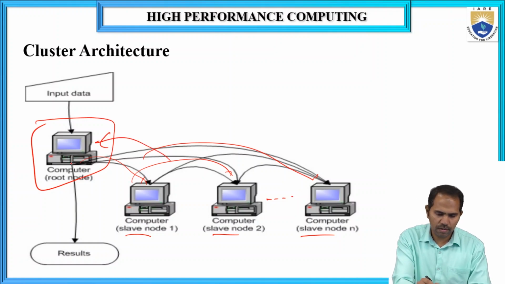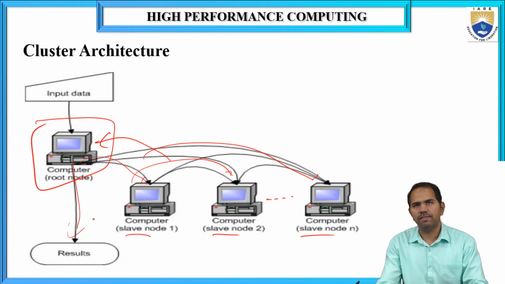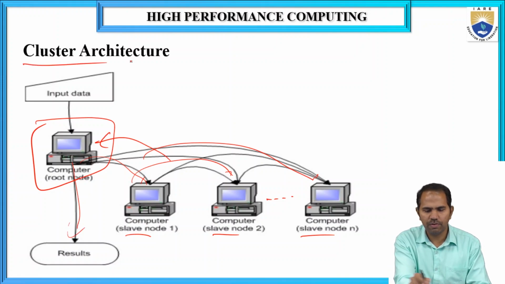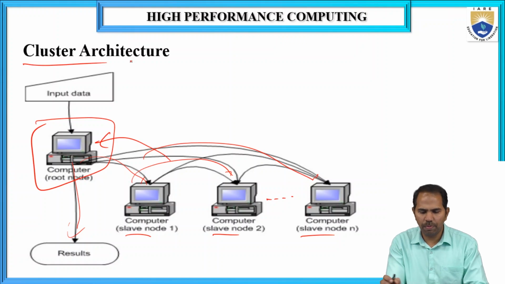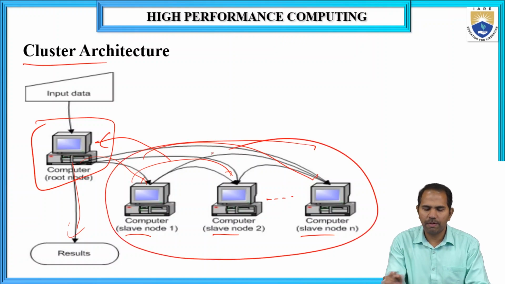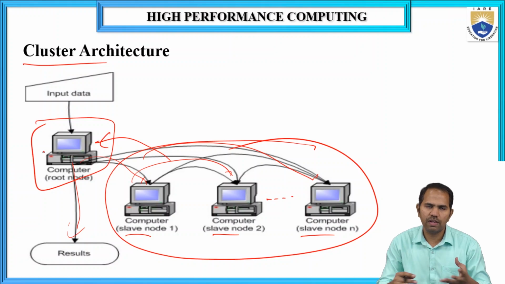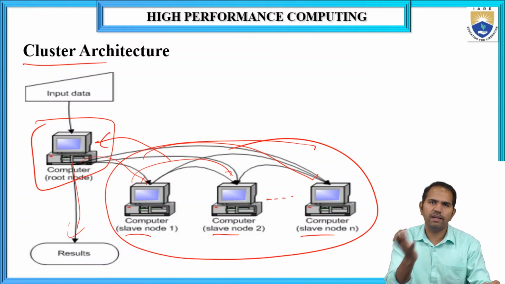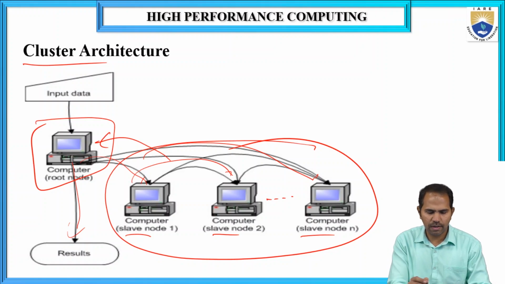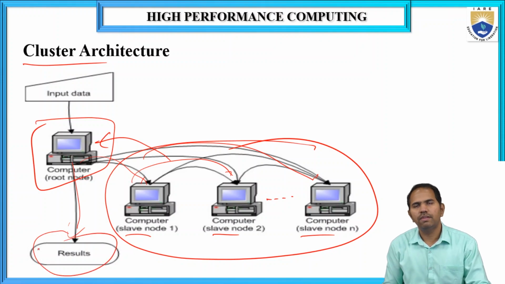The master computer then produces the results. So this is the environment we work with in clusters: a group of computers where one root or master node controls the others, sends data to different slave nodes, the slave nodes solve the problem and send it back to the root node, which produces the results. This comes under cluster architecture, cluster computing.